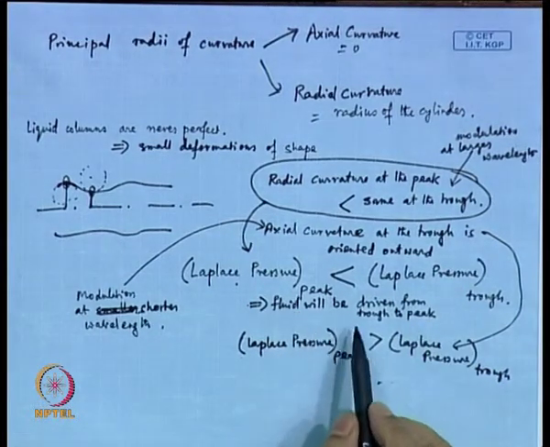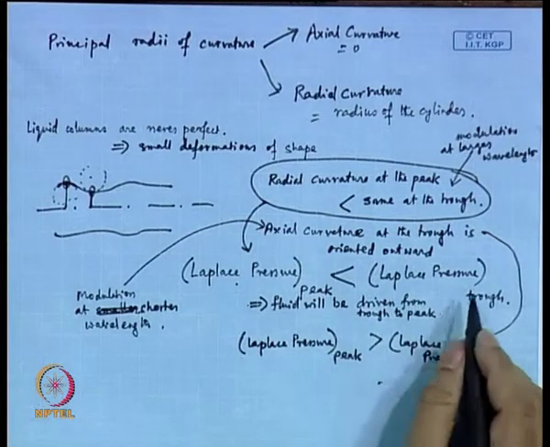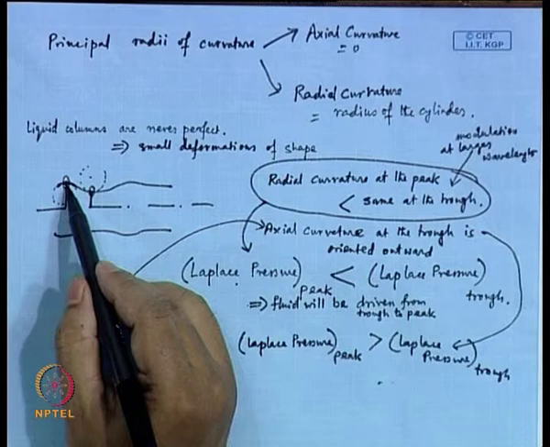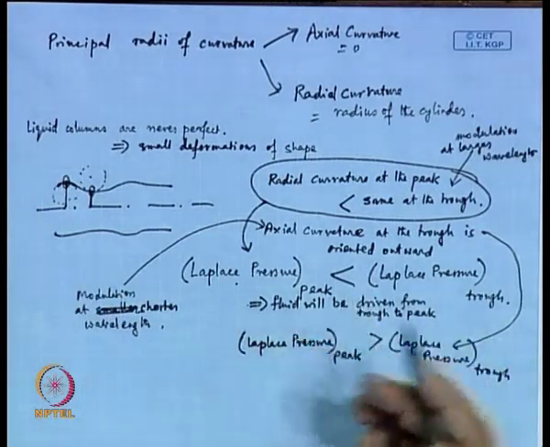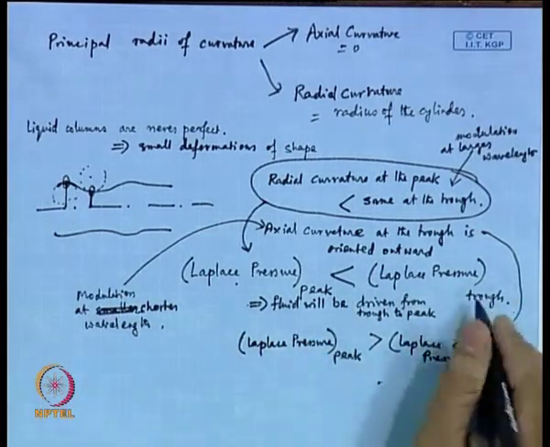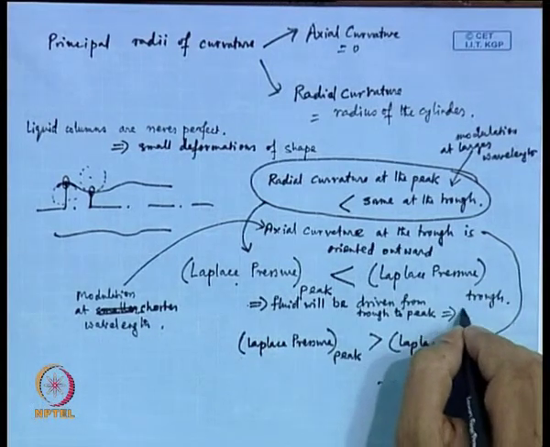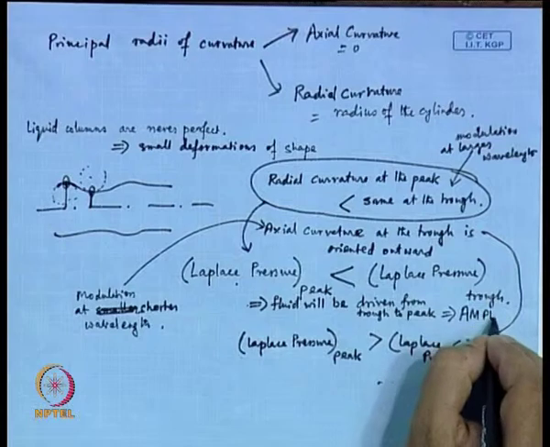So, if the fluid is driven from trough to peak, you are encouraging the perturbation, or amplifying the perturbation. So, this implies amplification of perturbation.